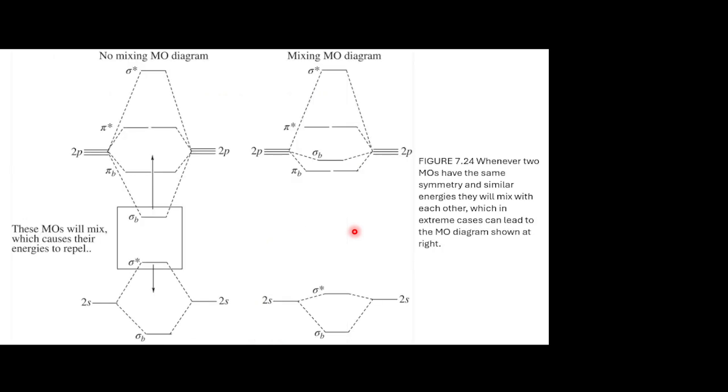Okay, and so we're going to see one more kind of unique case here. Whenever we have molecular orbitals that have the same symmetry and similar energies, they're going to mix with each other. In extreme cases, this can lead to the molecular orbital diagrams that we see over here, because they mix and change energies because of the mixing. So what we're seeing here is two molecular orbital diagrams for the two parts.